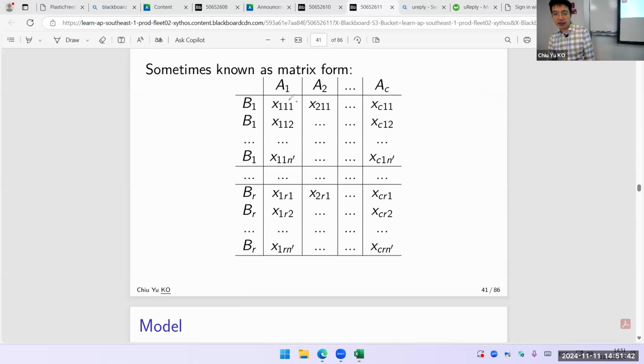If I add up all this and average out, then it will be X1 dot, right? Just the first grouping. Or if I sum all this and divide by how many of them, it will be X dot 1. That is the main idea there.